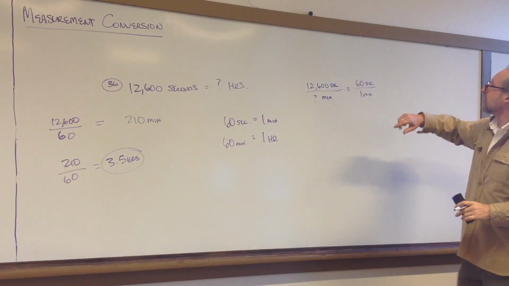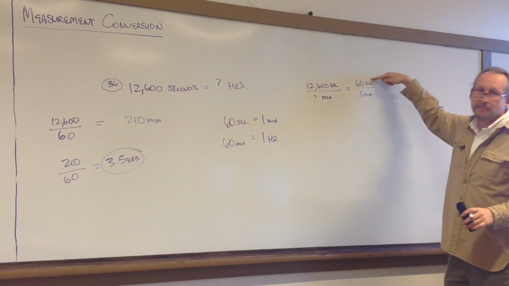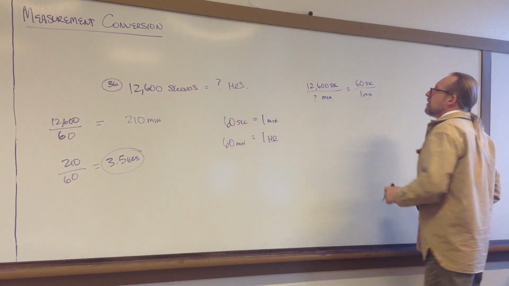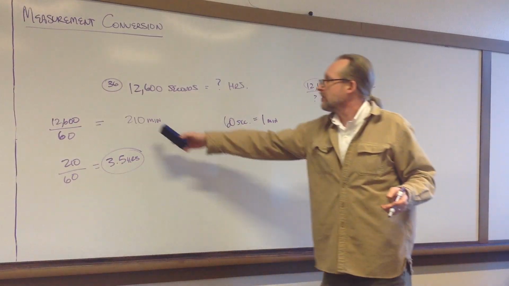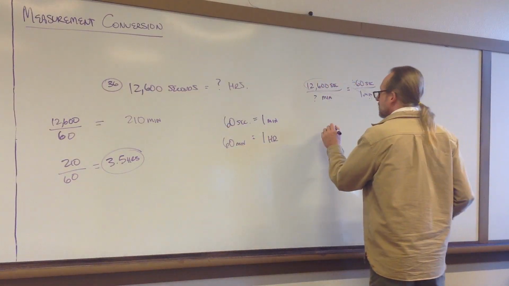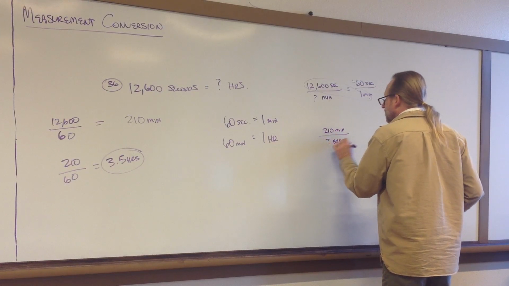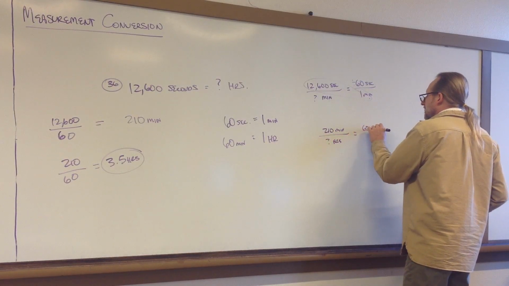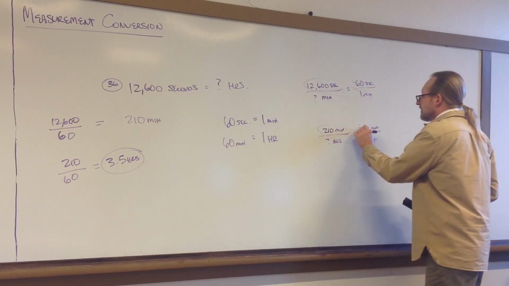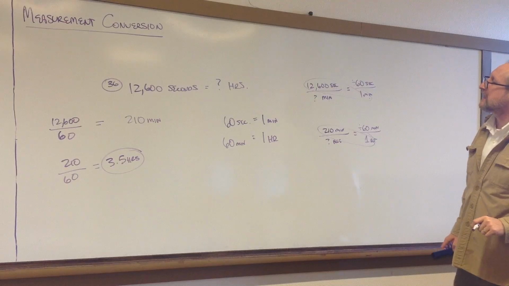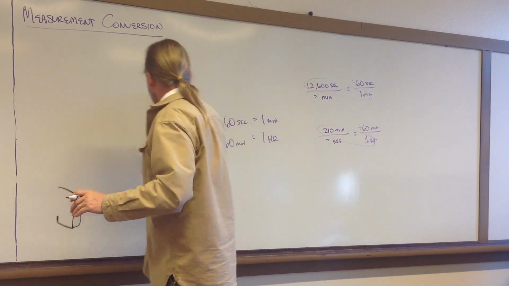Doesn't matter where I put them, what's important is that they match up. Okay? You can't put seconds here and minutes here. Alright? So here it is. We're going to multiply these, divide by this one. And so there's that answer. And then we could take those 210 minutes and convert them into hours, knowing that 60 minutes is 1 hour. Multiply these, divide by that one. Okay. All right. Well, that's problem 36.